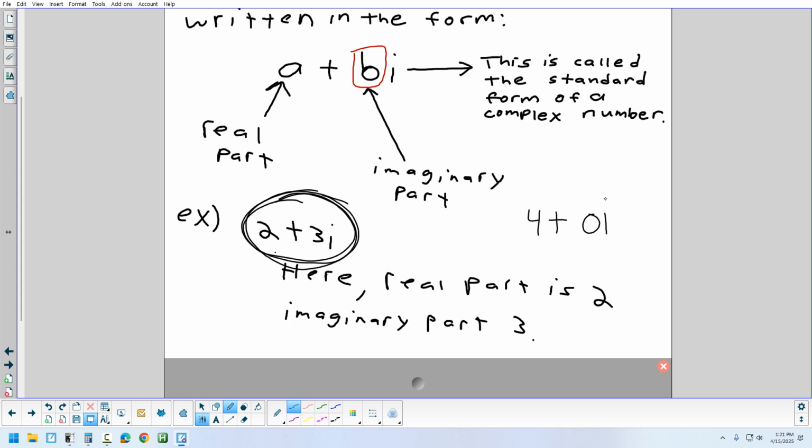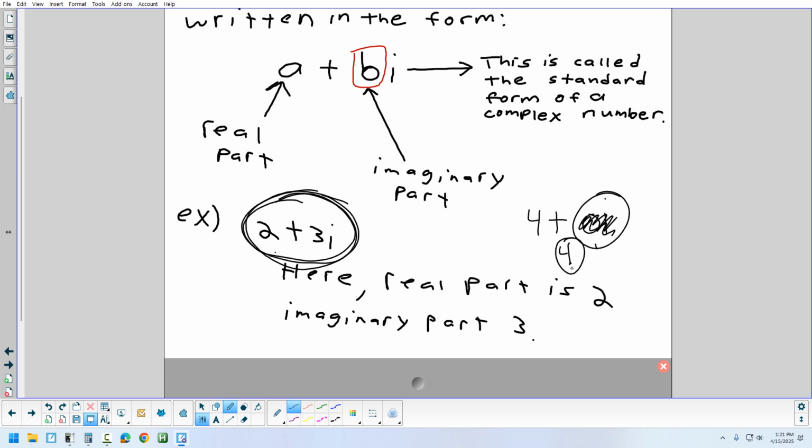But what's really the imaginary part there? 0. So generally, when the imaginary part is 0, we don't write it. You can, but we don't. And you would just write 4. So just because something is standard form doesn't mean the imaginary part is there. Could be there, or it could not be there. Technically, this is standard form, 4.